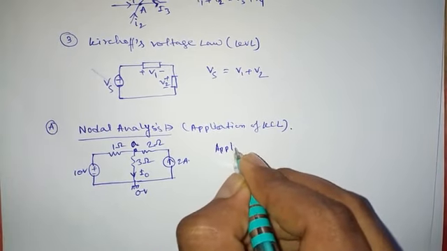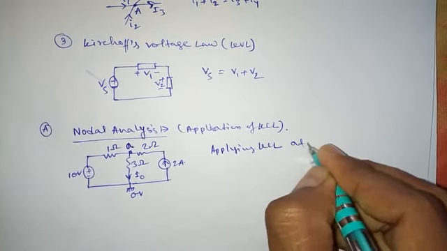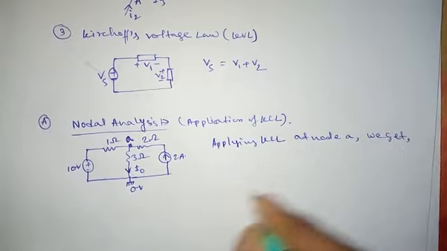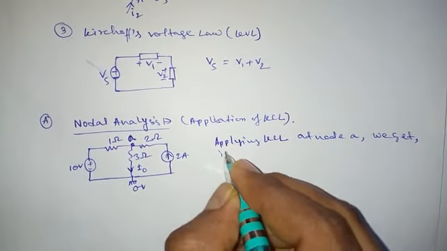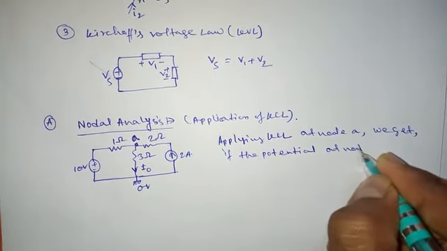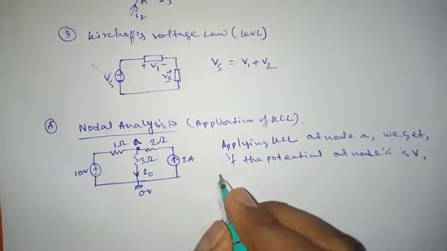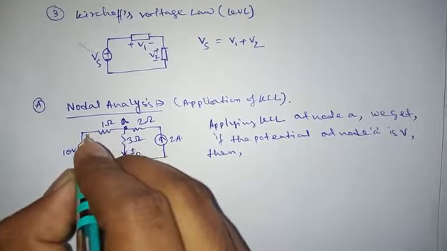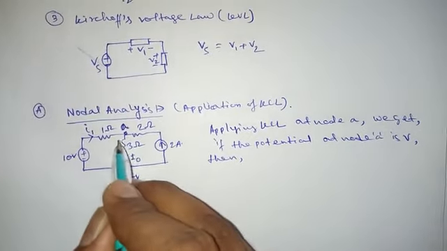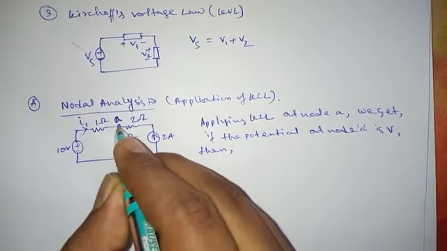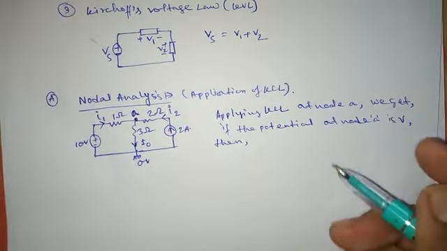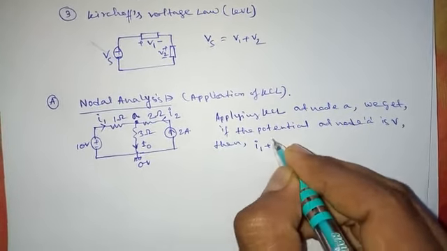So applying KCL at node A, if the potential at node A is V, then the KCL equation will be: suppose I1 is flowing from the 10 volt source to node A, I0 is flowing from node A to ground, and I2 is flowing from the current source to node A. So the KCL equation will be I1 plus I2 equals I0.